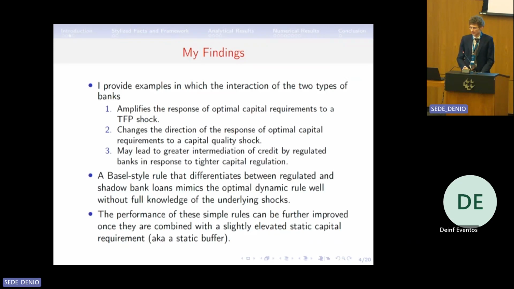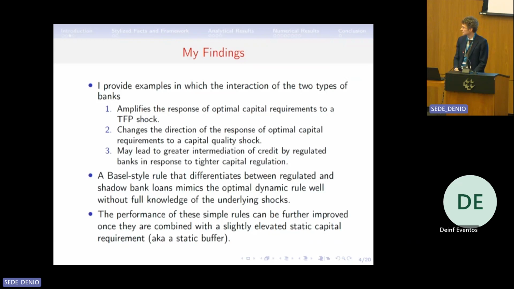An interesting result that I find is that tight bank capital regulation does not necessarily indicate that there is a migration of credit from regulated banks to shadow banks.